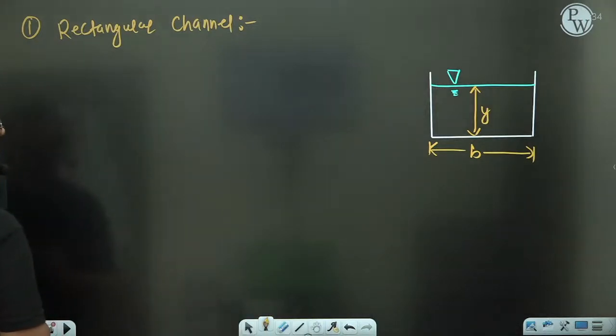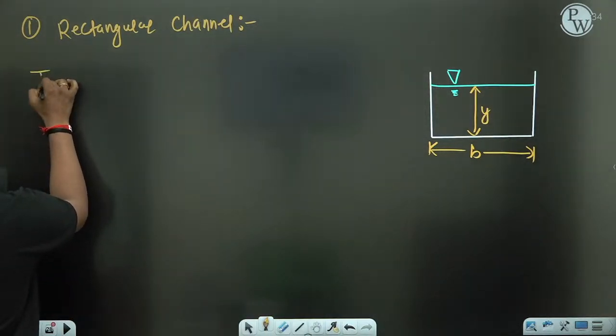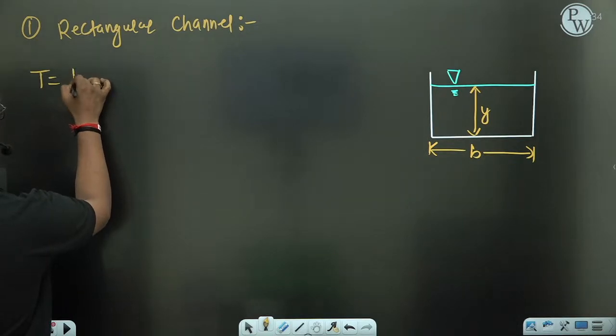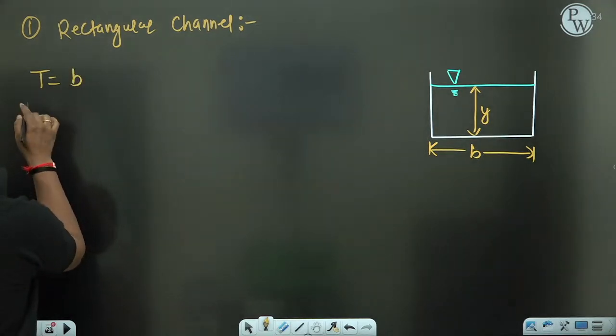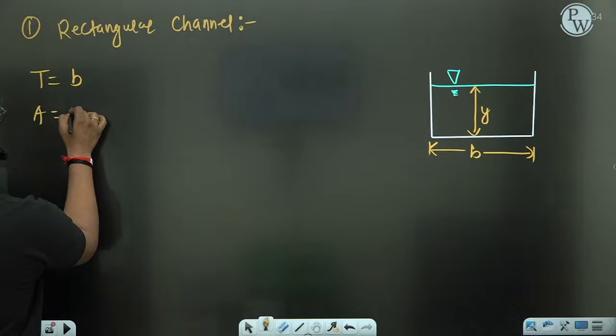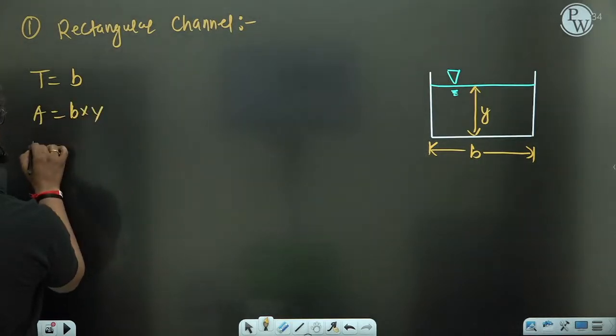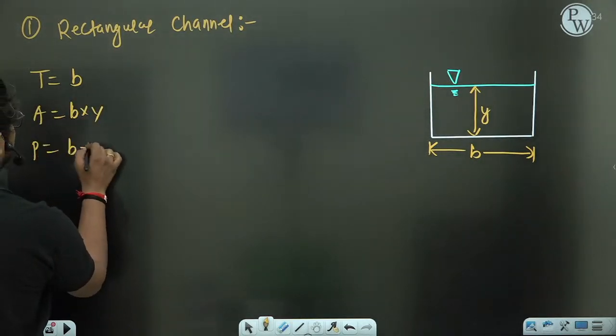As I said, three things I'm interested in. First one is the top width, which will be equal to B. Area will be B into Y. And perimeter will be B plus 2Y.